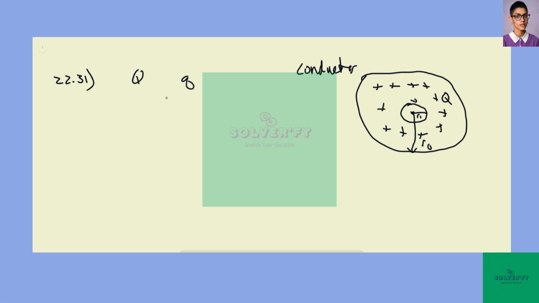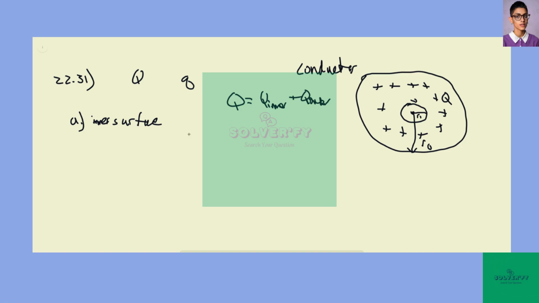Now we want to figure out what the total charge is on A, the inner surface of the shell. For a conductor, we know that the charges are all on the surfaces. So the total charge of the conductor is Q inner plus Q outer, because those are the only two places it can accumulate charge.